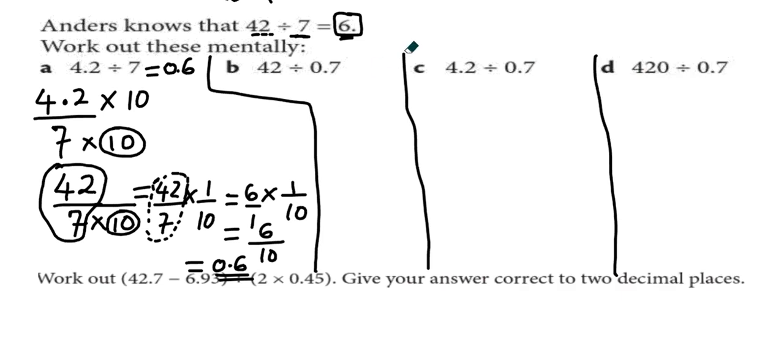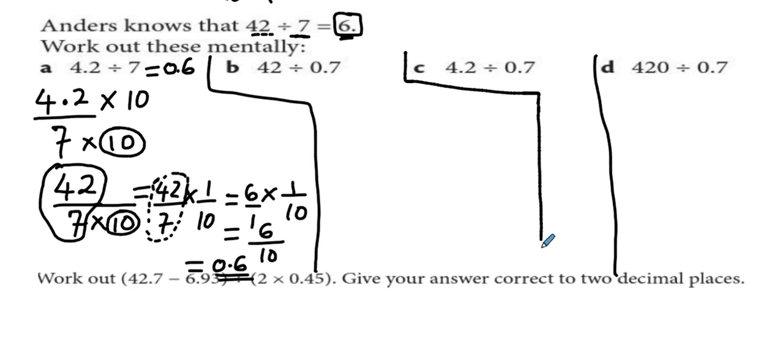Okay, let me proceed with part B. Part B will be done in this space. Okay, 42 divided by 0.7. So you write that as a fraction. 42 divided by 0.7.